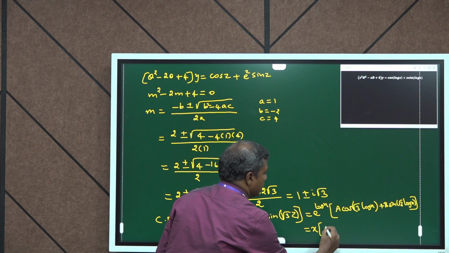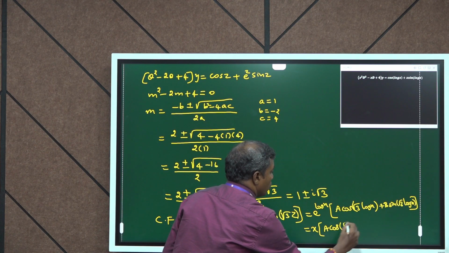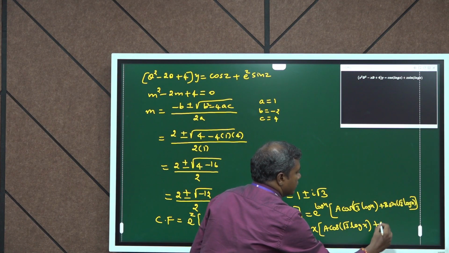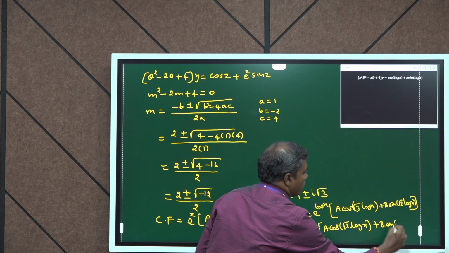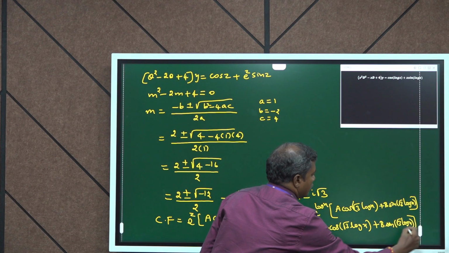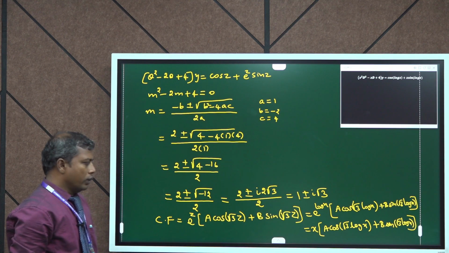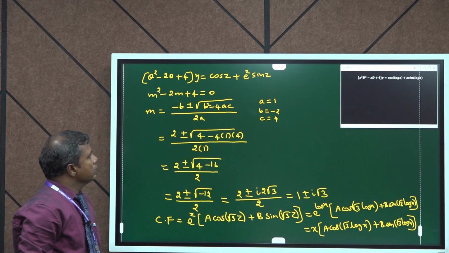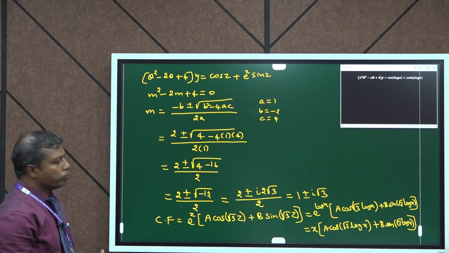So, x into a cos root 3 log x plus b sin of root 3 log x. So, this is our complementary function.